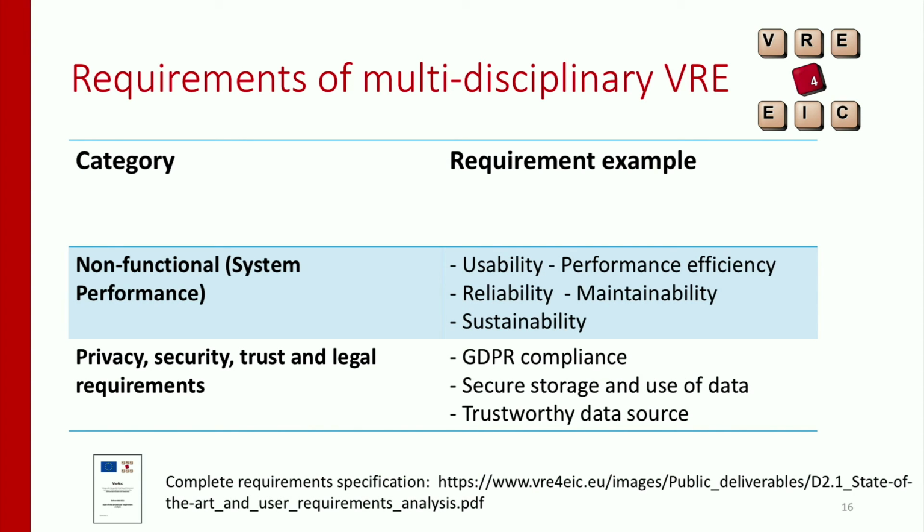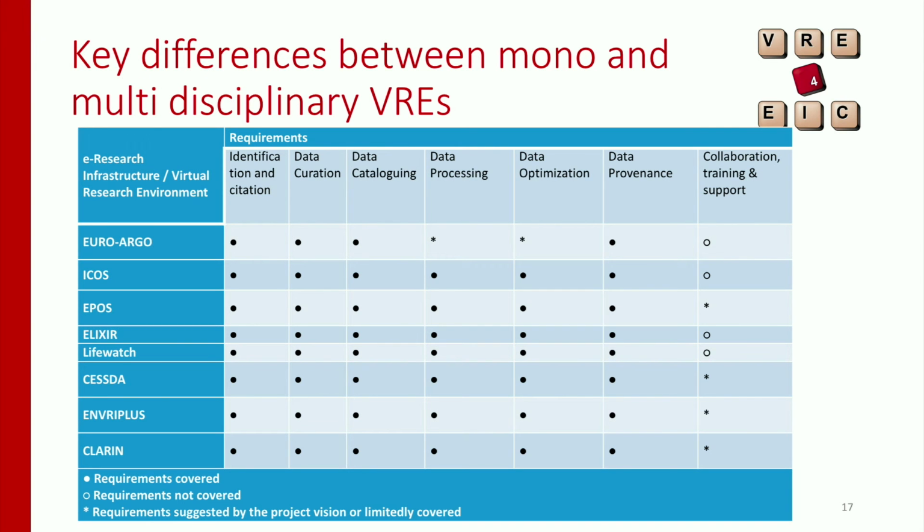You may find the full requirements specifications on the VRE for ESC websites. We have investigated the implementation of functional requirements in several existing VRE or RI projects. From the table, we can see that many projects have considered data-related requirements, while collaboration requirements are largely ignored.